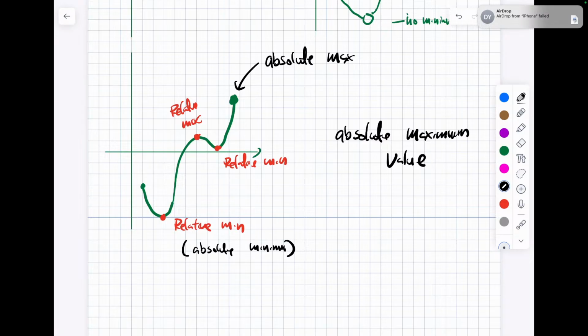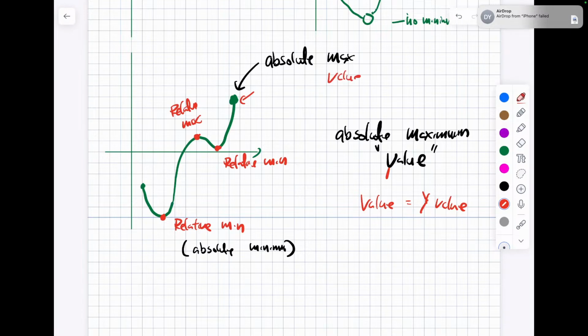The best way to remember this is to draw a line right here, so that every time you talk about value, it's equal to the y value. So it's the output, not the x. If I ever say absolute maximum value, in this case it will be 5.